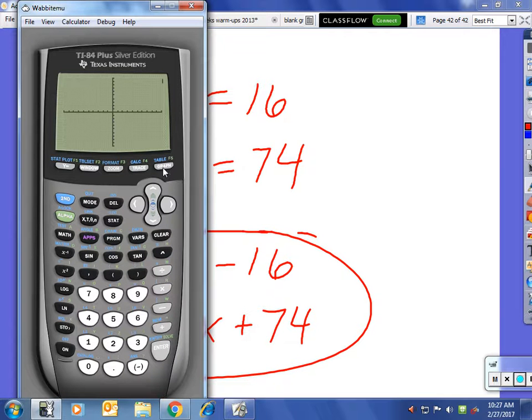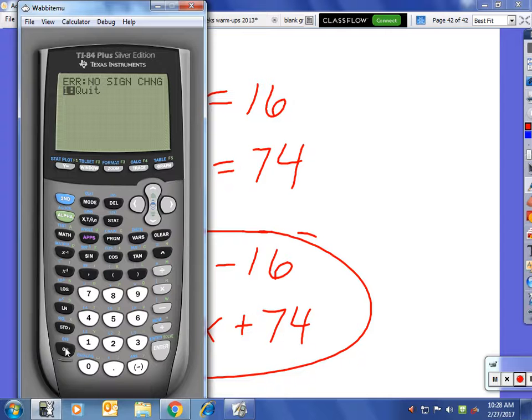Okay, now, when I graph this, I couldn't see it. When you can't see it, folks, I need your attention. When you can't see it, what do you do? Zoom out. Second function, calculate. Look what happened here.